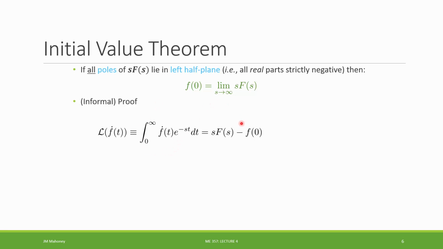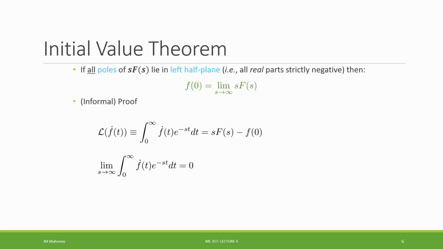And from what we know from the Laplace transform table, it's going to be sF(s) minus f(0). So this looks exactly the same as where we started before. But now I'm going to take this integral term, and instead of seeing what happens as s goes to 0, I'm going to see what happens as s goes to infinity. So I'll take that middle term, and I want to take the limit as s goes to infinity.